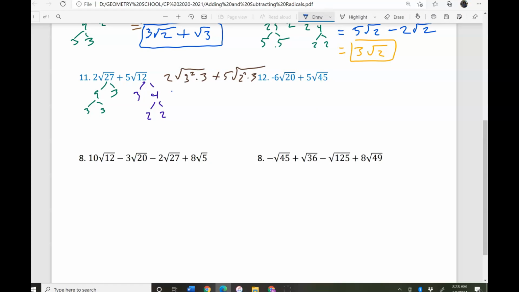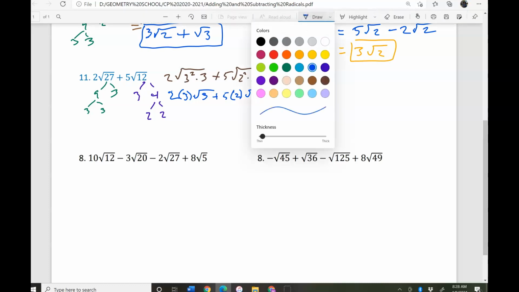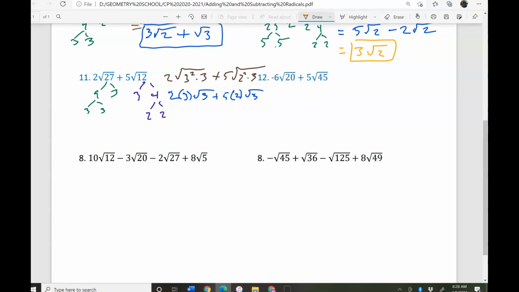So this becomes 2 times 3 times the square root of 3 plus 5 times 2 times the square root of 3. We can combine the numbers on the outside.